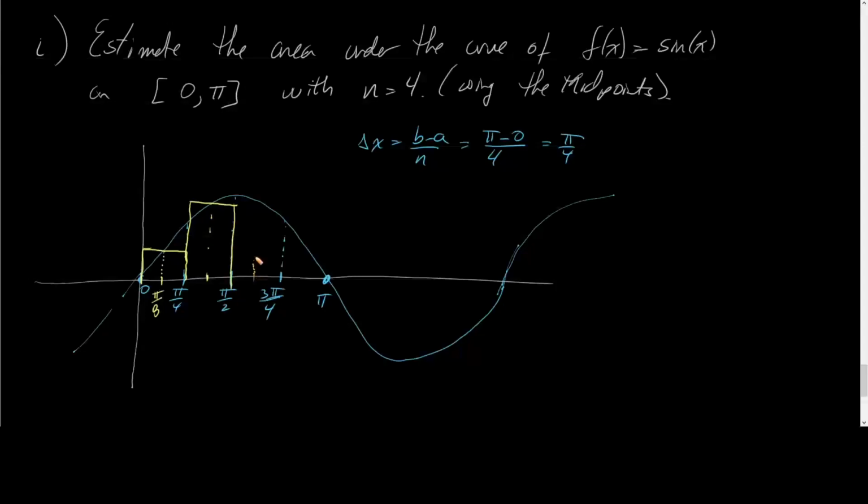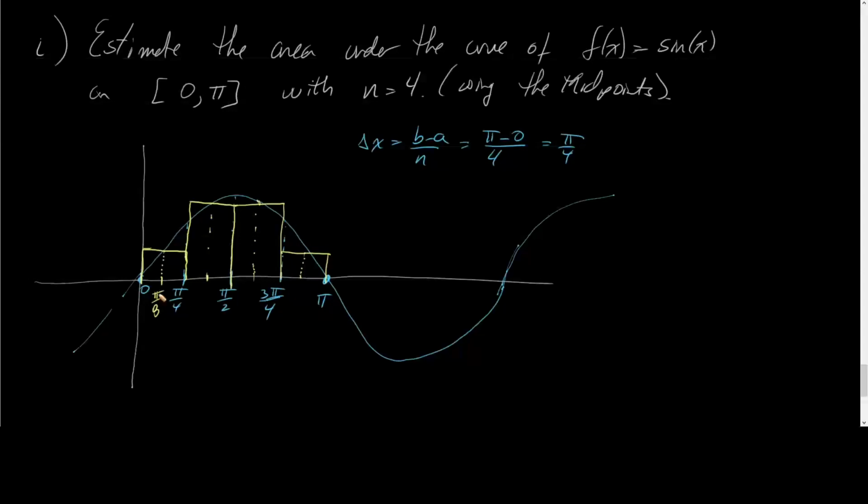In the next interval, it would be this rectangle. Well, really, those should be the same, because sine is symmetric there. And then the last one should be about the same as that first one. There we go. So those are all the midpoints.